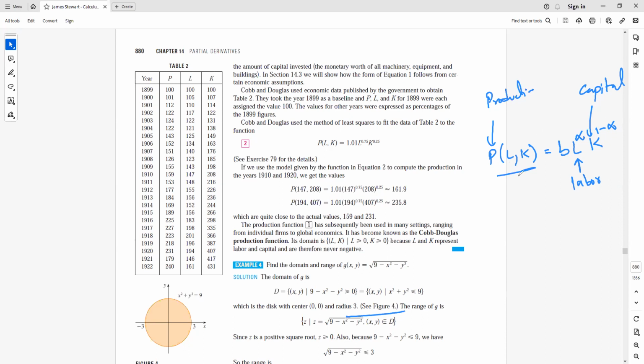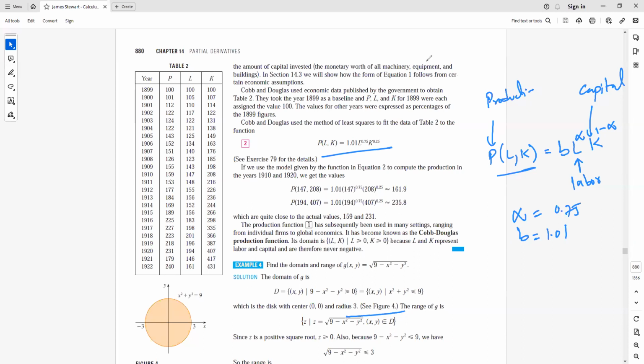Now if it says that this coefficient alpha, right? Just take this example. If we have alpha equals 0.75 and b equals 1.01, then the function would look like this, right?